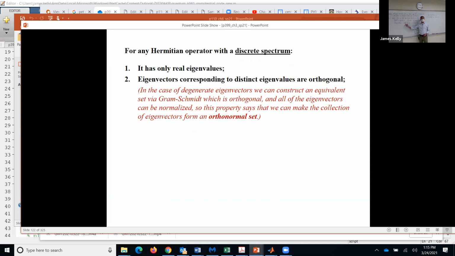Now, if you're talking about eigenvectors that are part of a continuous spectrum, they're going to be like those e to the ikx functions that might not be normalizable. And so f, inner product f, isn't going to make any sense. And the inner product between 2 states might not make sense.